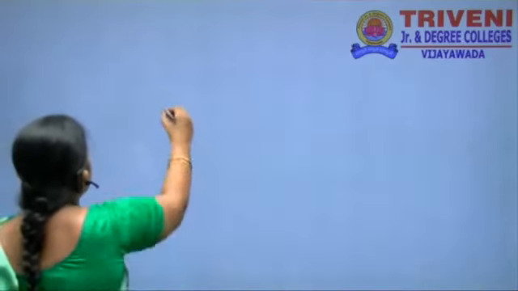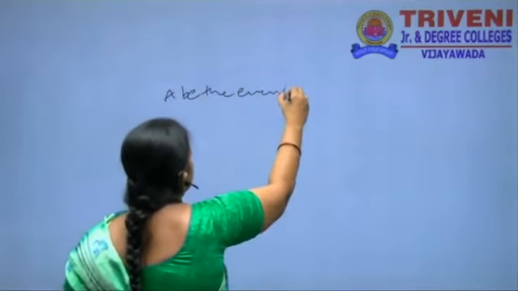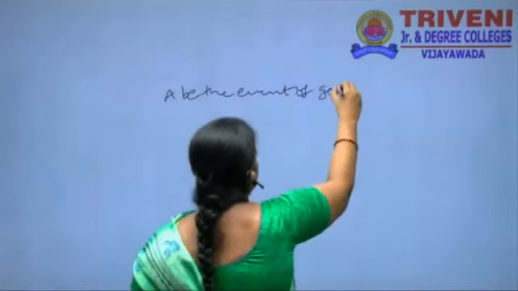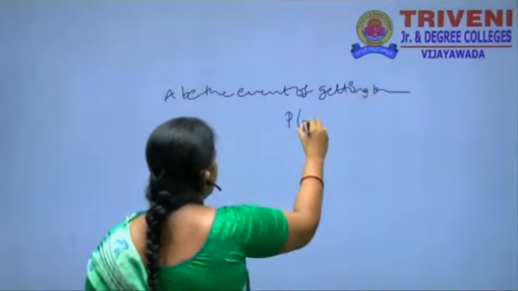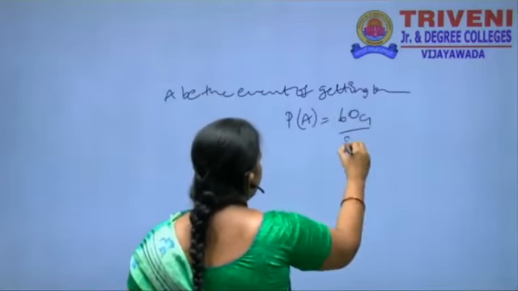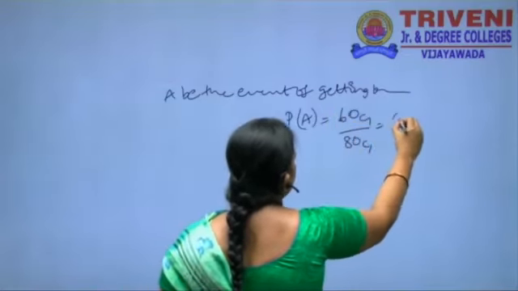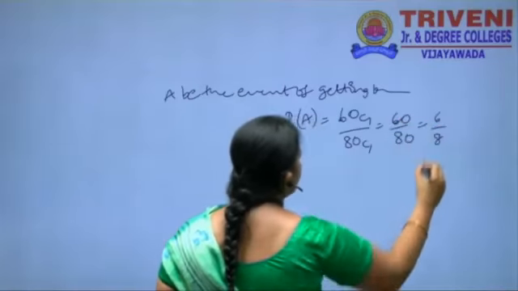Then A is the event of knowing cricket among boys: P of A is equal to 60C1 by 80C1, that is equal to 60 by 80, which can be written as 6 by 8.